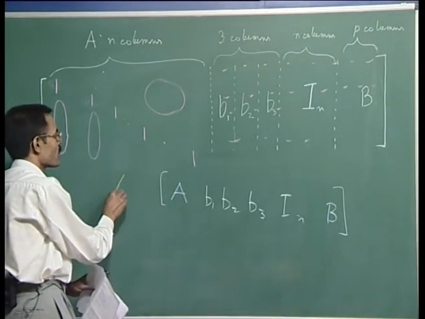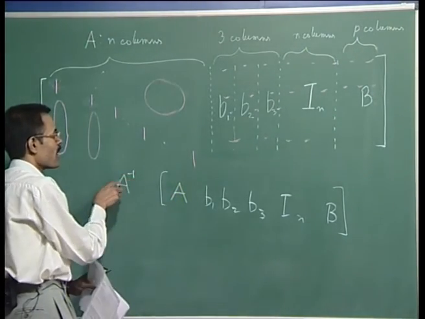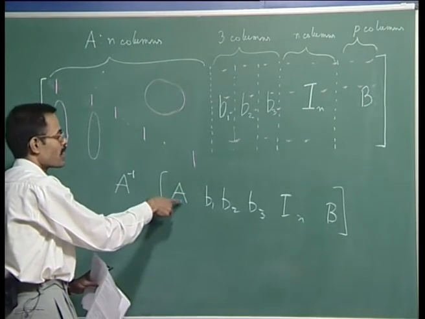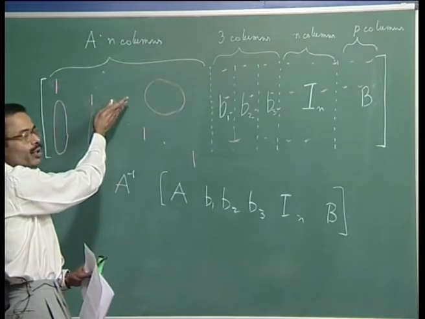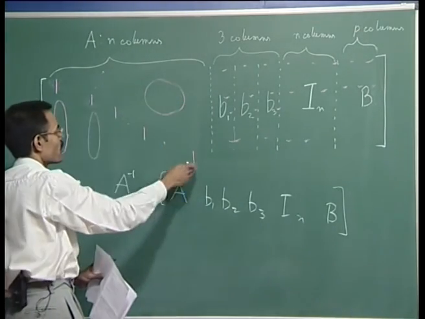That matrix is A inverse, because A inverse is a matrix which multiplied with A will reduce this to identity. We have applied equivalent row transformations here in order to reduce this to identity.